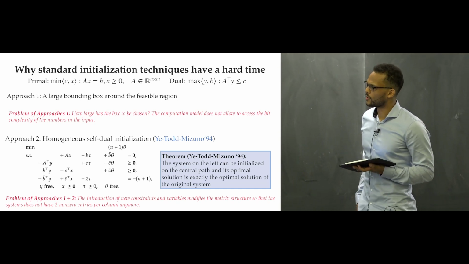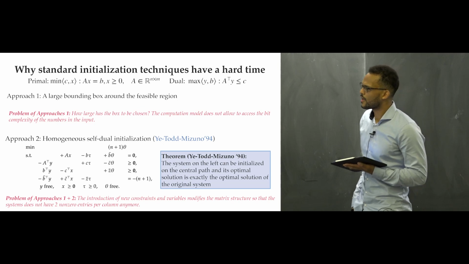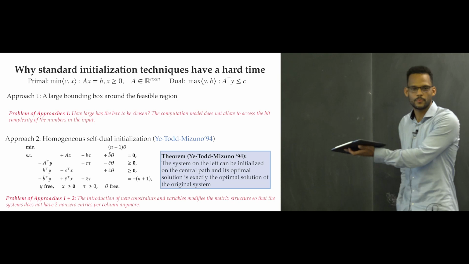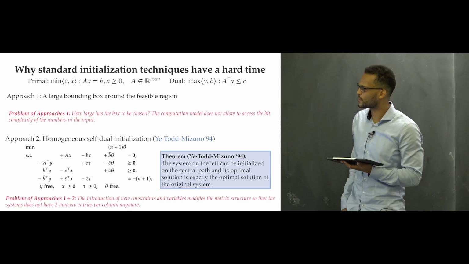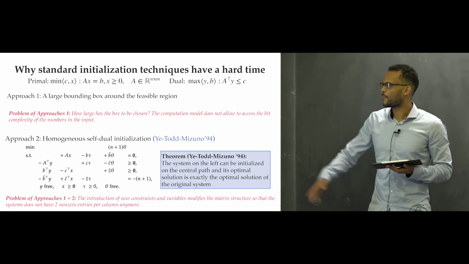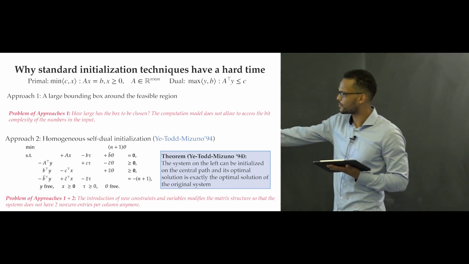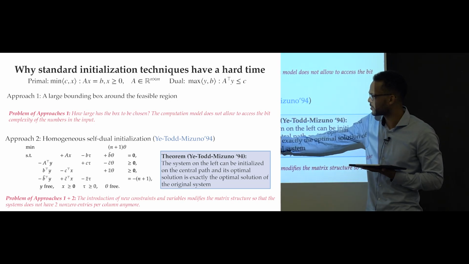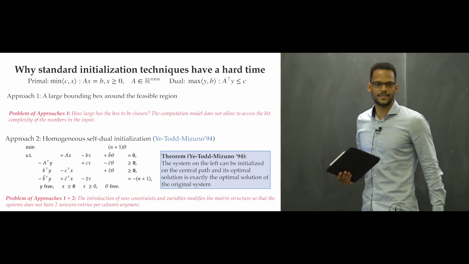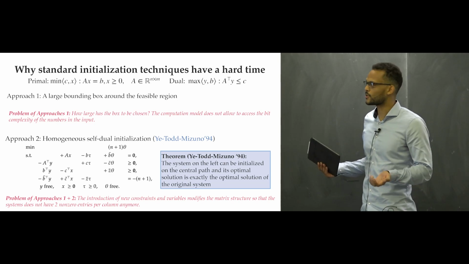What you would think, of course, is that this system shouldn't change the geometry of your problem too much. So you should think that, okay, I do not have 2 non-zero entries per column or per row anymore, but the optimal solution of this system is the same as our optimal solution originally. You would think that I should be able to analyze it, that the straight line complexity shouldn't really change much.